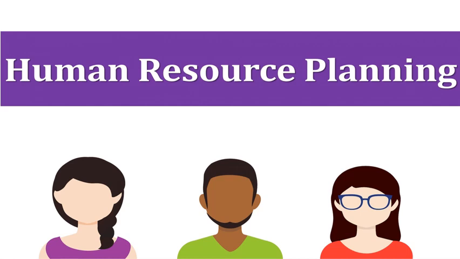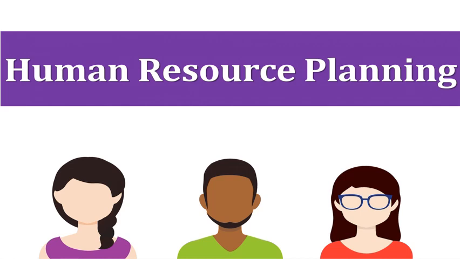As we have already seen in management subjects, the very first function of any organization is of course planning. So everything starts with planning. Even in normal life, whenever we want to do something, first we have to plan for it. In an organization also, as human resource is a very important asset, the proper utilization of human resource is very important.